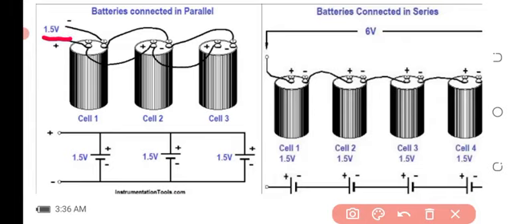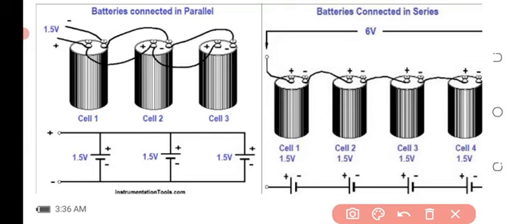But contrary to this, in series combination, when we connect cells in series, the equivalent potential difference across them will be equal to the sum of all the individual potential differences in each of the cells, and that is why we have 6 volts for this series arrangement, because each of them has 1.5 volts, and combining these together we have 6 volts.